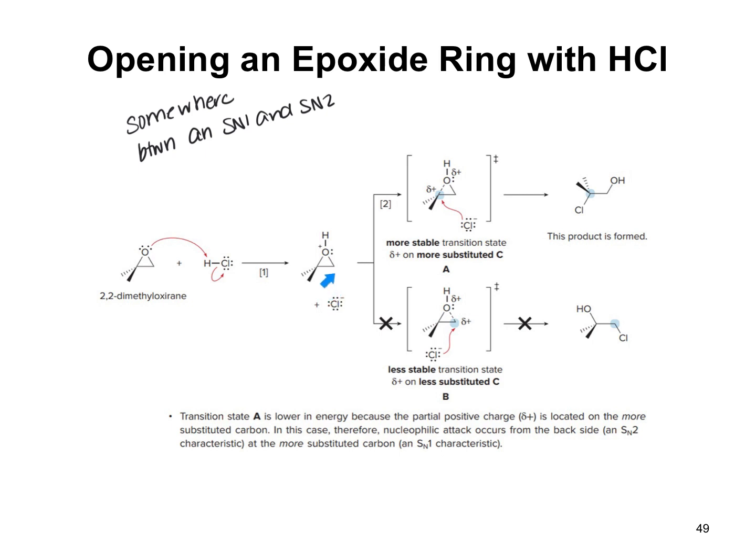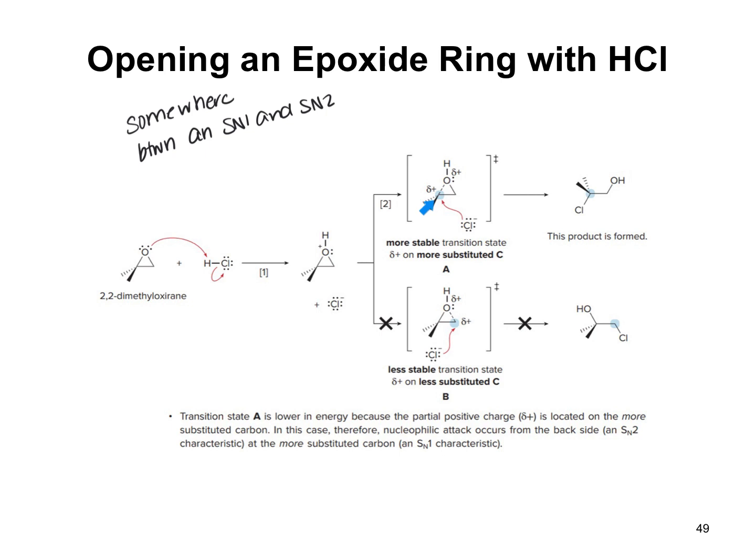Now when this comes up to attack this molecule here, we have two different transition states, okay? You can have a transition state where there's a partial positive on the less substituted here, or a transition state where the partial positive is on the more substituted here.